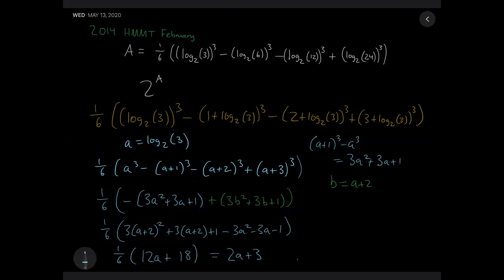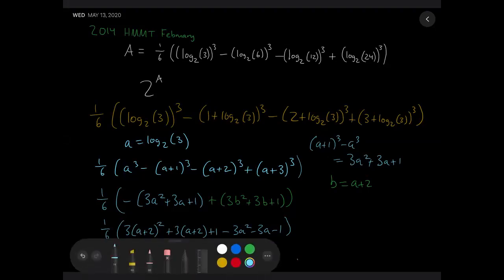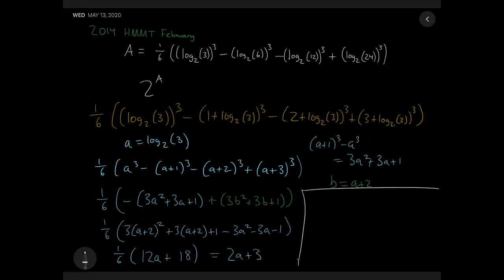And now we want to find 2 to the power of a, right? How do you do that? I'm going to leave some space down here to make sure you can see this happen. 2^(2a + 3) is equal to, remember what a is? a is log base 2 of 3. 2^(2 log_2 3 + 3).